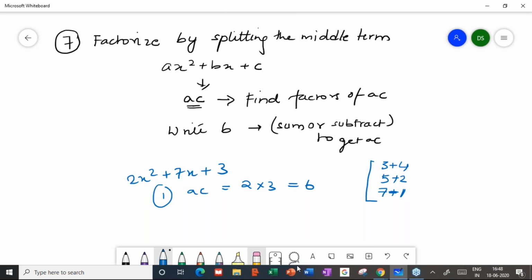Oh wait, I made a mistake. This won't be like this. It will be, what do you multiply that you get 6, right? So 7 into 1, 7 minus 1. Let me just write it here instead of confusing you.